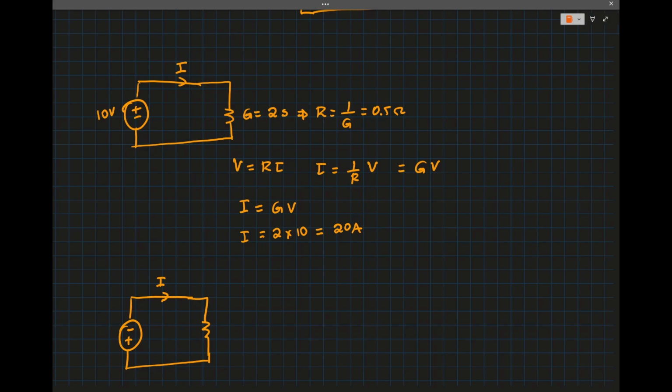So for example, when I have 10 volts here, and from that example I gave above, G equals 2 Siemens, the current is labeled as you see there.